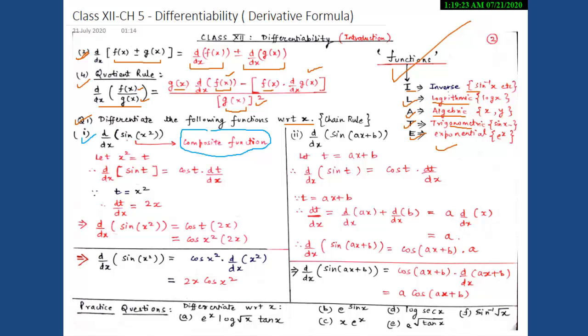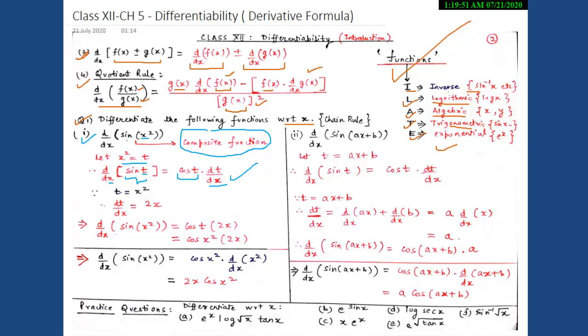First we will assume x square as t. So from here we can write this as d by dx of sin t. And we know that d by dx of sin x is cos x. So d by dx of sin t is equal to cos t. And since we have to differentiate it with respect to x, the derivative of t is dt by dx. Therefore from here we can write this as cos t into dt by dx.